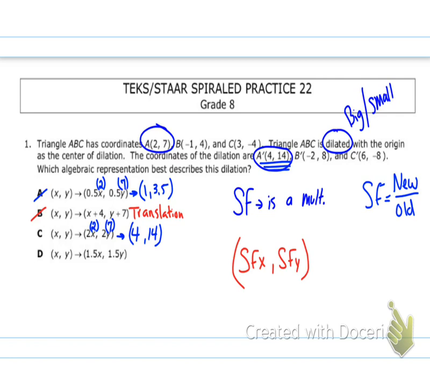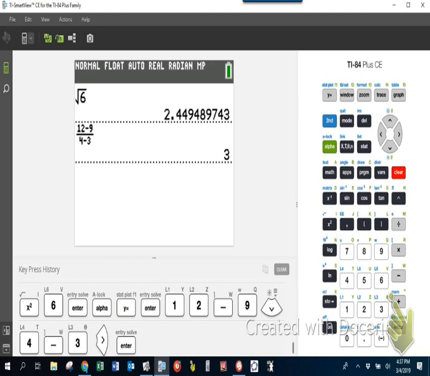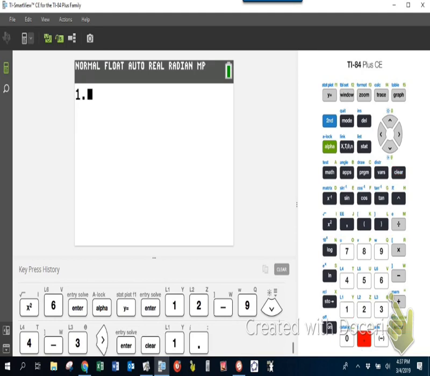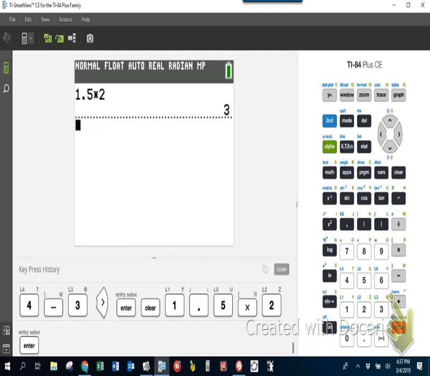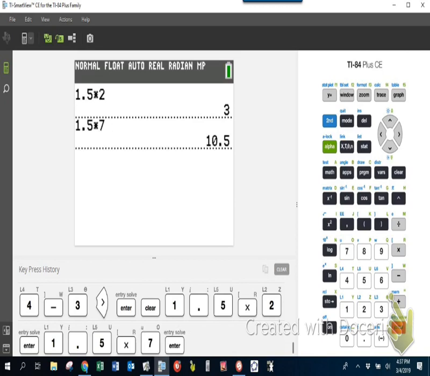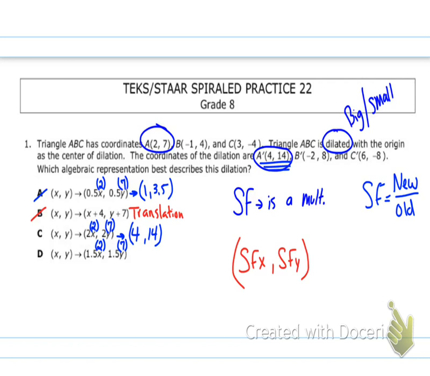I mean, it worked for that one. But let's just go and check D to be safe. So what's 1.5 times the x value of 2 and 1.5 times the y value of 7? So if I go do 1.5 times 2, that's the first x value, and then 1.5 times 7, there's the y value, it becomes 3 comma 10.5.